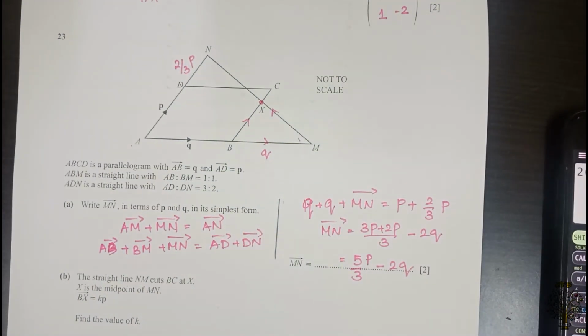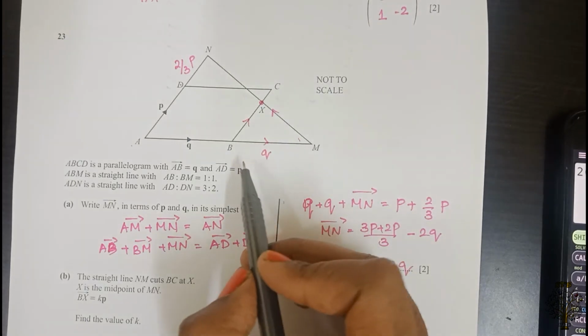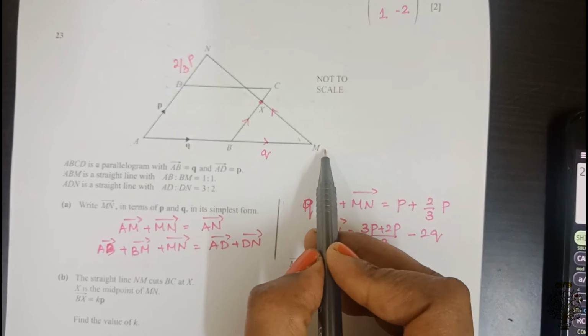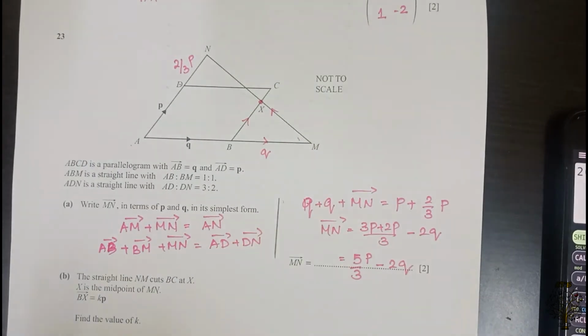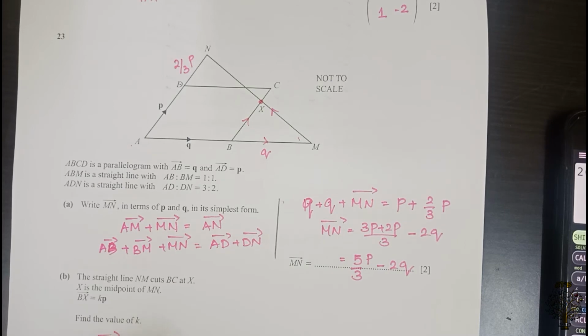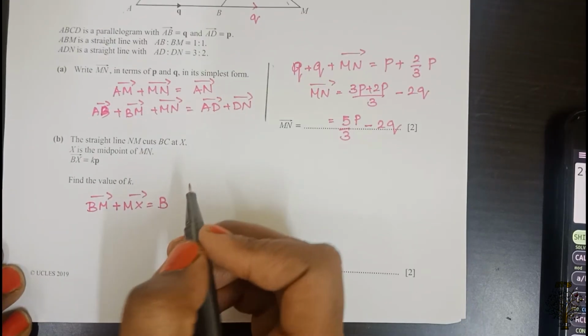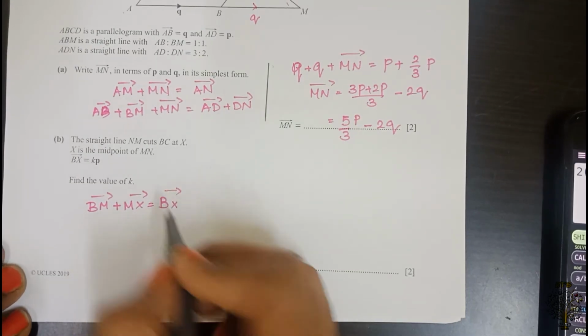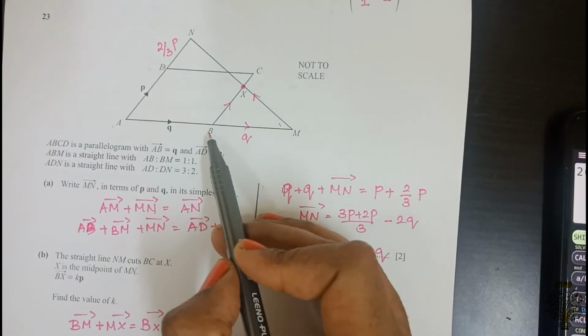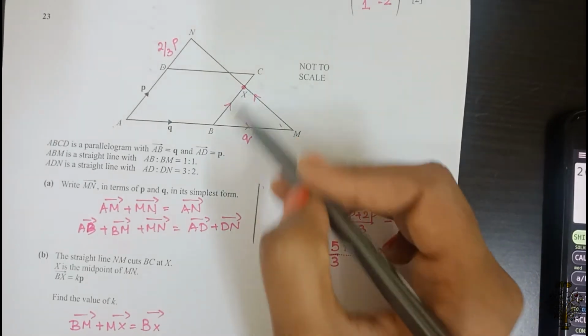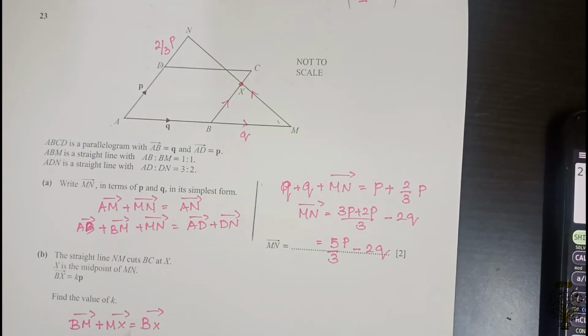So we are going to find the value of K. What I'm going to do is take BM plus MX. We are going to take BM vector plus MX vector is equal to BX vector.